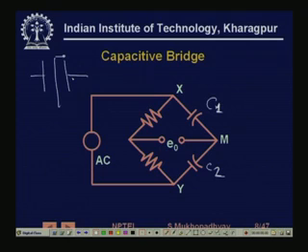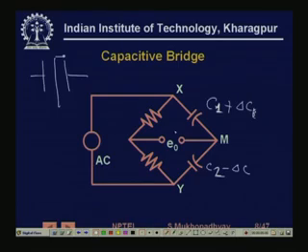What will happen is that C1 will become C1 plus delta C, and C2 will become C2 minus delta C. So typically sensor configurations are such that there is an equal and opposite change in the impedance.